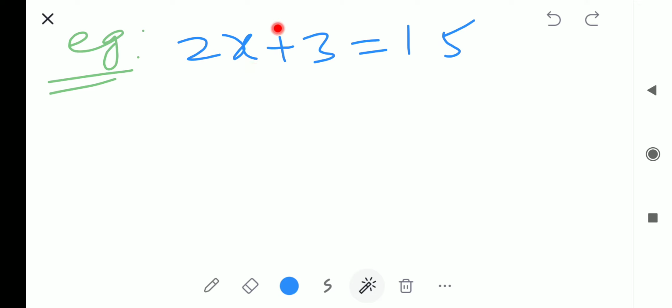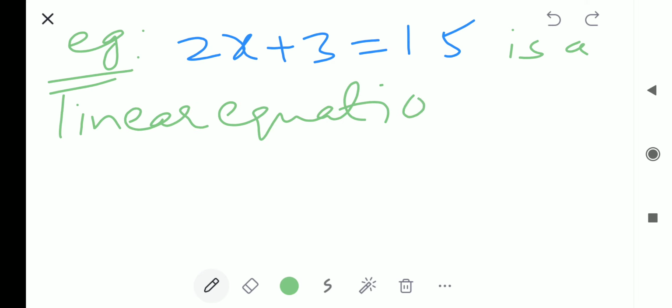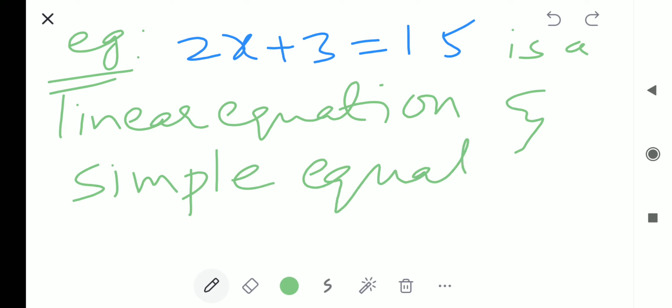There is no power of x written, which means we can take it as 1. Okay, children? So 2x plus 3 is equal to 15 is a linear equation and a simple equation.